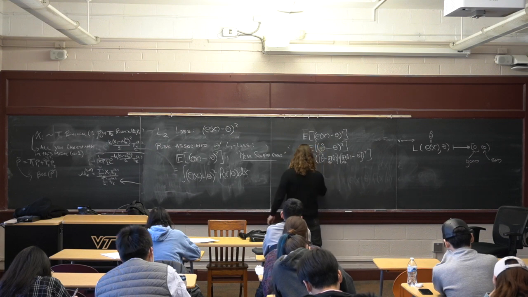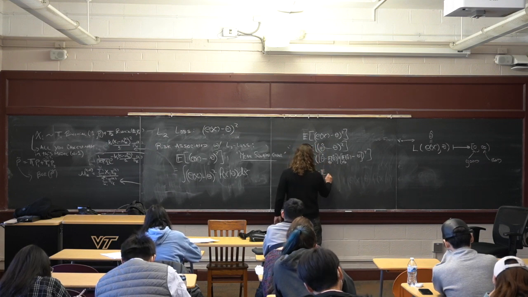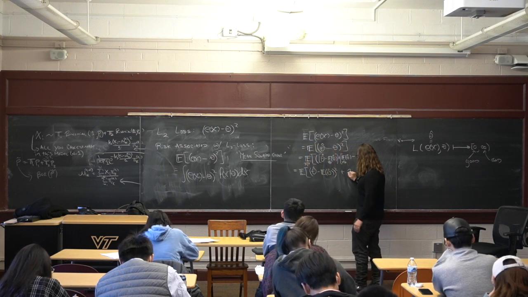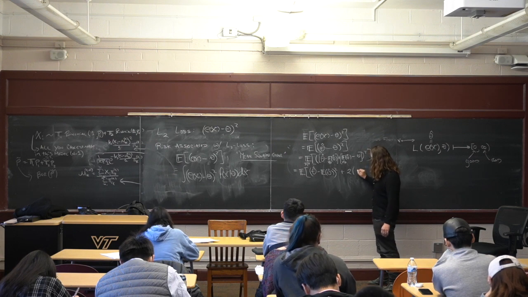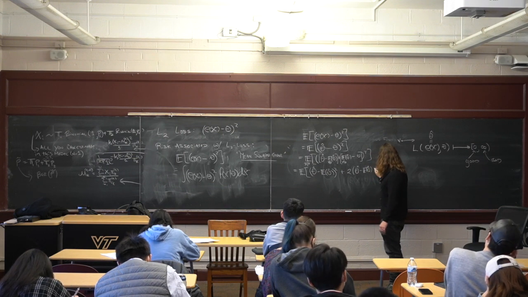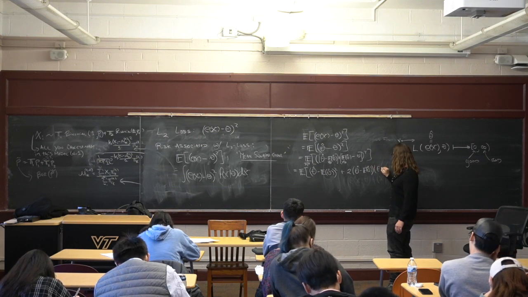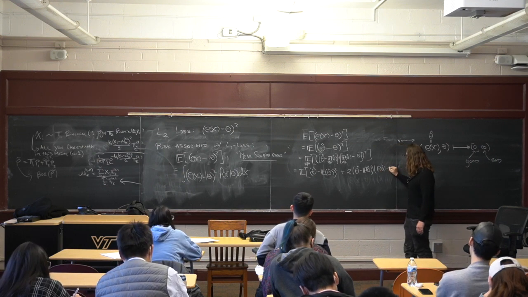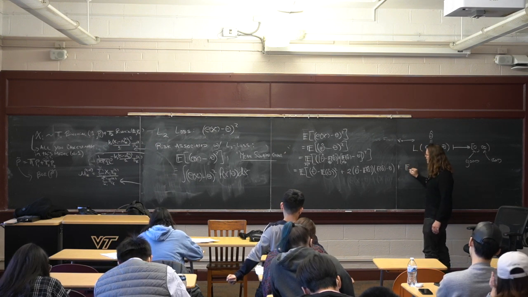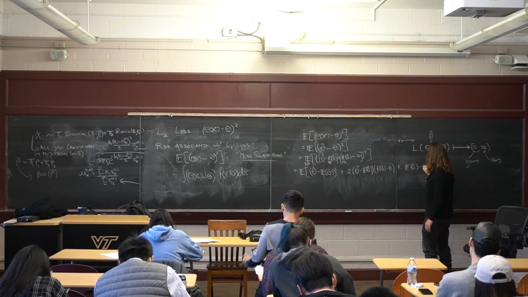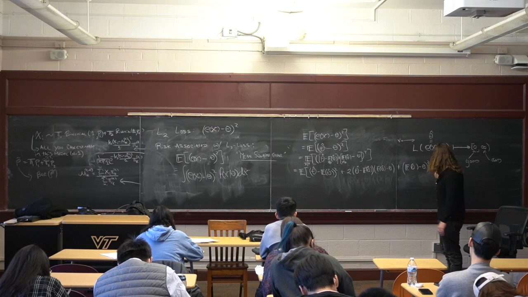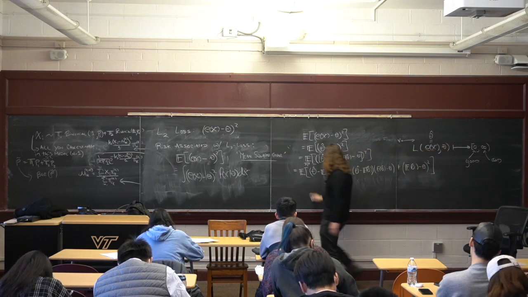So this is going to look like theta hat minus expectation of theta hat squared plus 2 times theta hat minus expectation of theta hat times expectation of theta hat minus theta plus the other quadratic term. Expectation of theta hat minus theta squared. I'll close this. Everything is inside of the expectation.